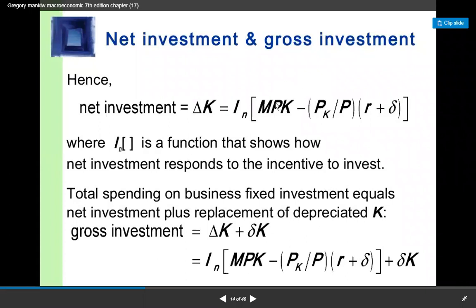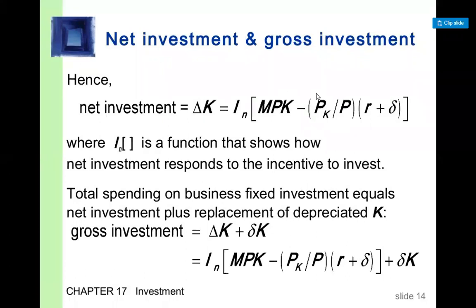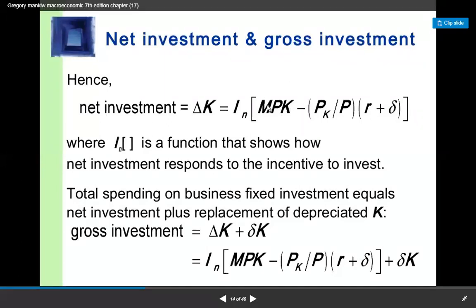If profit rate is positive, when will it be possible? The profit rate is positive when marginal product of capital or real rent is greater than the real cost of capital. If real cost of capital is less than marginal product of capital, then profit rate is positive.